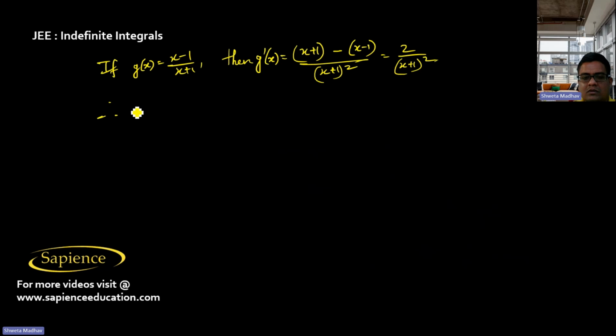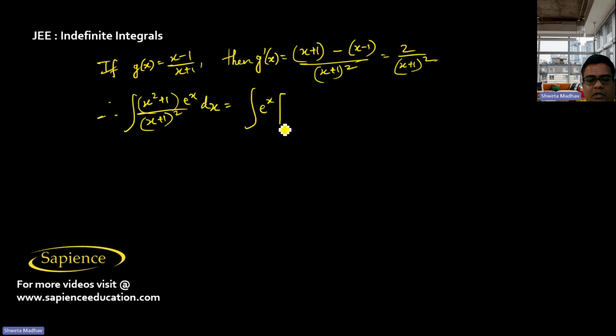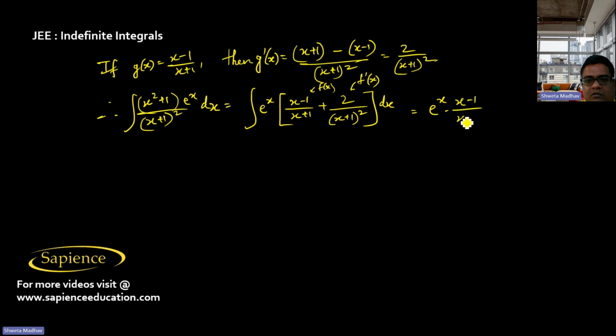So therefore, this integral of (x square plus 1) by (x plus 1) whole square into e power x dx can be written as the integral of e power x into ((x minus 1) by (x plus 1) plus 2 by (x plus 1) whole square). So now if this is f of x, then this will obviously be f dash x. So the answer will be e power x into f of x plus c, which is e power x into (x minus 1) by (x plus 1) plus c.